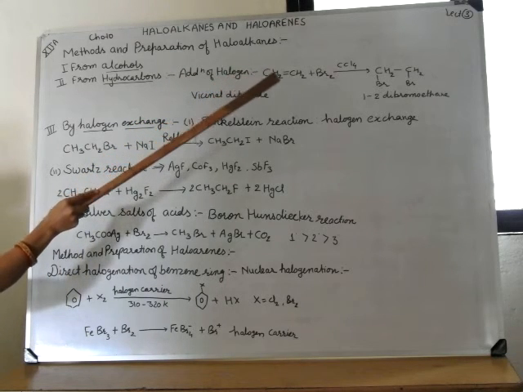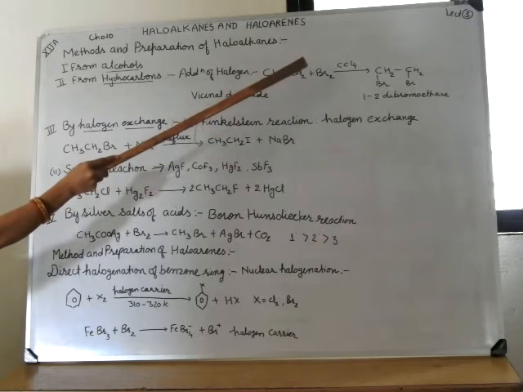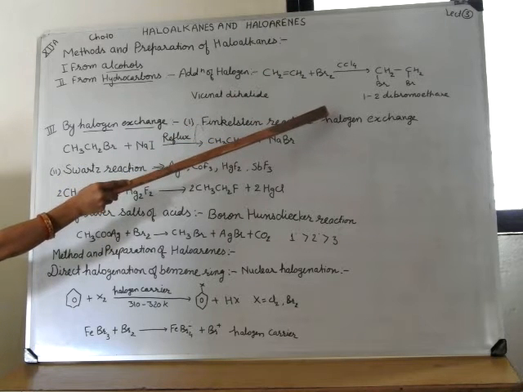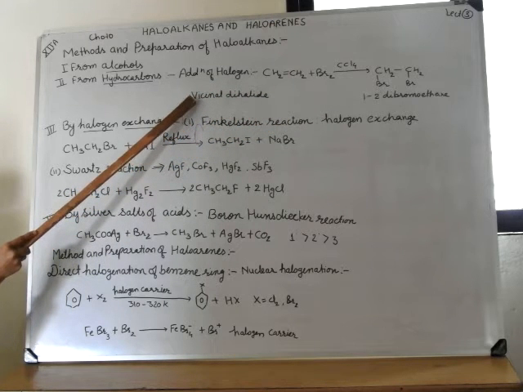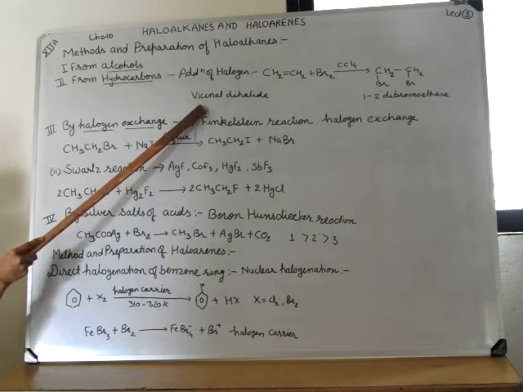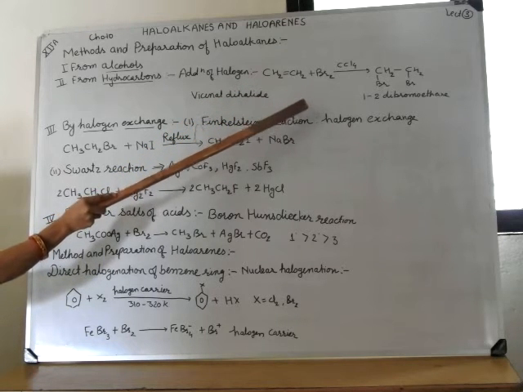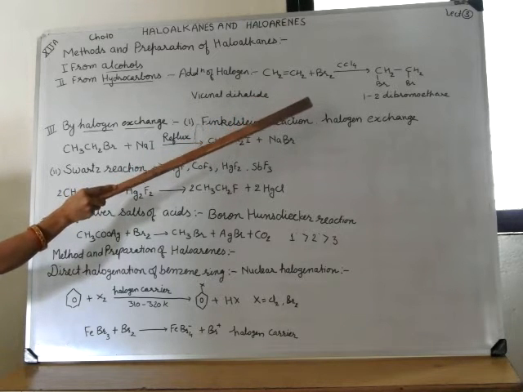When an alkene reacts with bromine in the presence of carbon tetrachloride, it gives 1,2-dibromoethane. This is an example of a vicinal dihalide. In a vicinal dihalide, the halogens are substituted on adjacent carbon atoms.